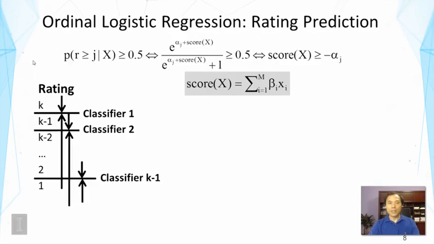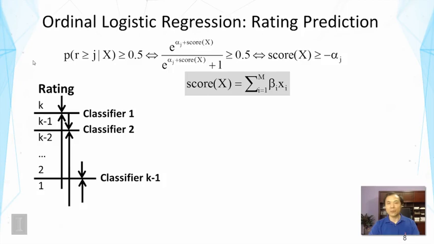So now let's see how we can use such a method to actually assign ratings. It turns out that with this idea of tying all the parameters, the beta values, we also end up having a simpler way to make decisions. More specifically, now the criterion whether the predicted probability is 0.5 or above is equivalent to whether the score of the object is larger than or equal to negative alpha sub j, as shown here.